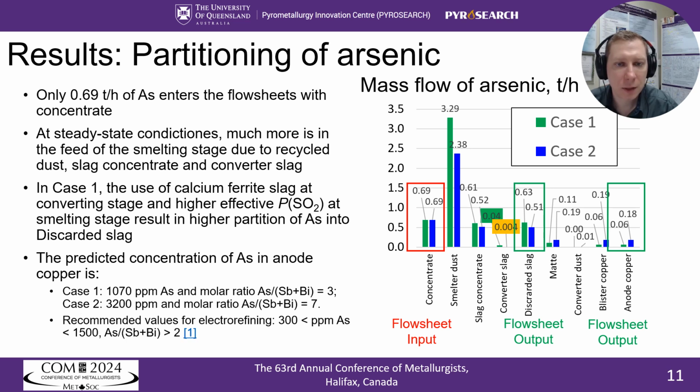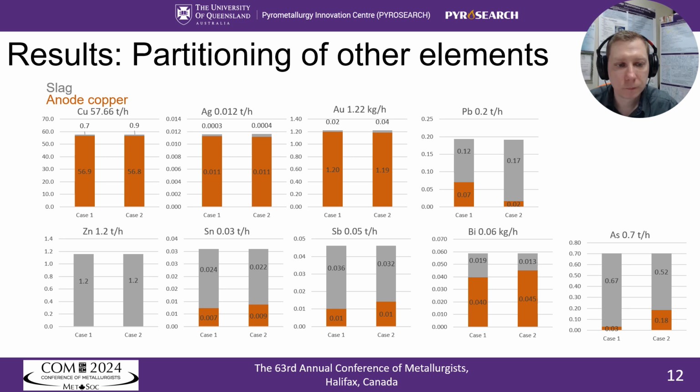Also, it must be mentioned that very low concentrations of arsenic in anode copper create problems at the electrorefining stage, so sometimes arsenic-containing materials are even added to stay within the recommended concentration range and molar ratio with respect to antimony and bismuth. In addition to arsenic, the partitioning of all elements has been produced in this simulation.